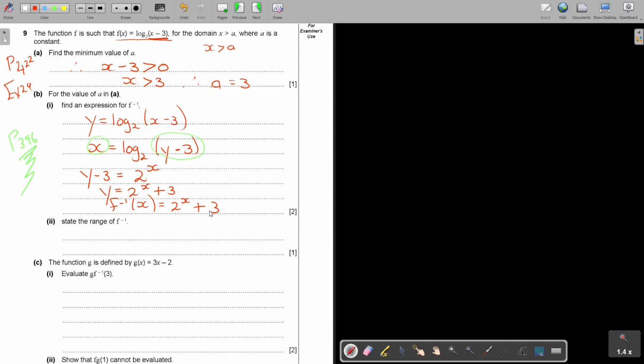As easy as that. Now, they state the range. Can you remember, it's also in functions, that if you have a function f, you have f minus 1. I'm going to search it for you in the textbook.